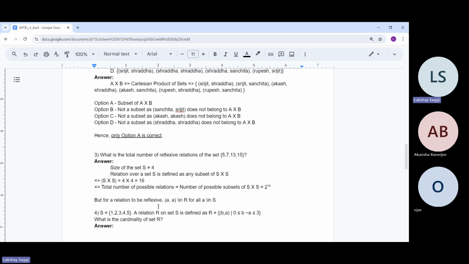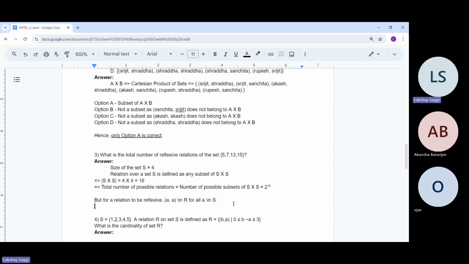All elements of the form A comma A should be present in the relation R. Only then will the relation be reflexive. Other possible tuples can be present or not; we don't care. But all the tuples of this form should be present.